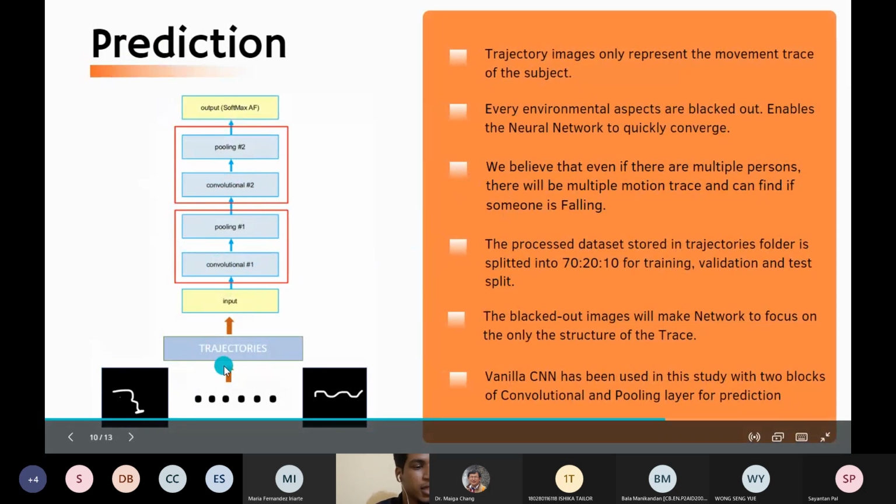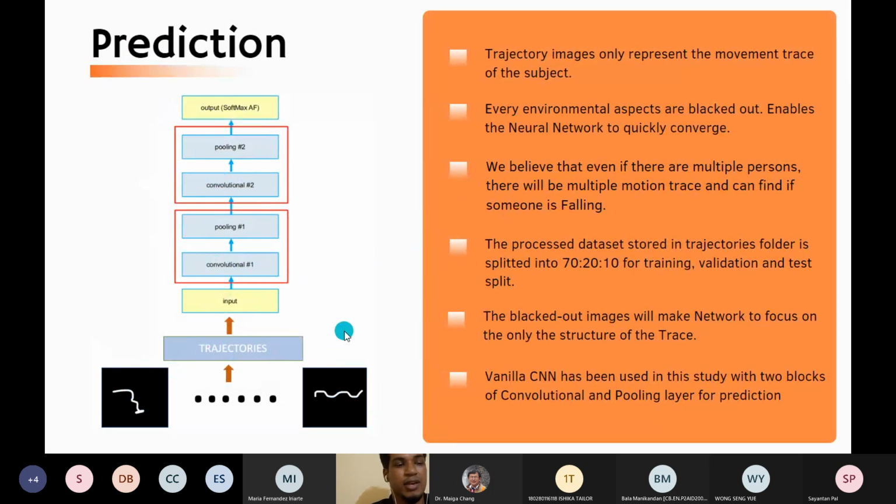For example, we have a trajectories folder consisting of fall images and ADL, other activities. We pass the newly processed trajectory data set and use train and validation for training. Basically it is two blocks of convolutional and pooling layers to extract the features of that image.